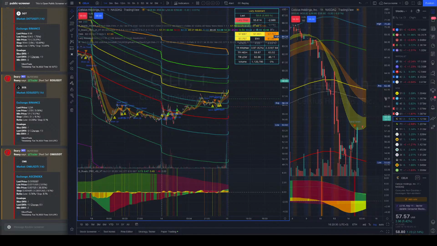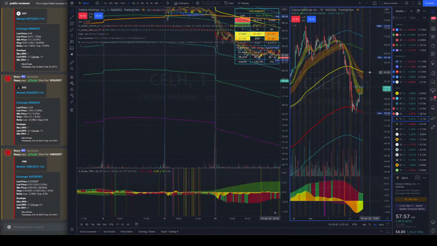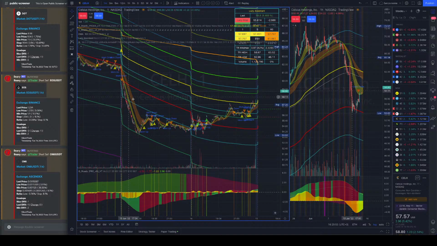So yeah, we can still expect that we can go up to this yellow daily envelope, 61. But to trade against the trend, yeah, that's also liquidity. It gets a bit of jumps.